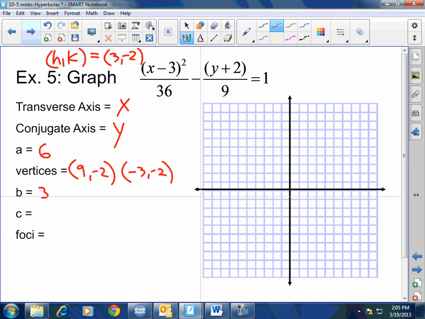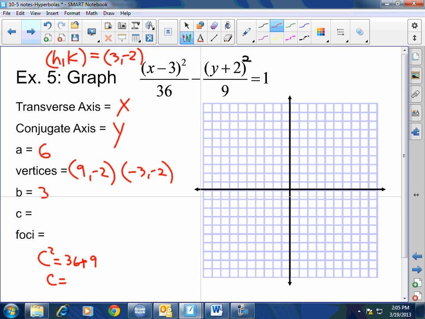The 3 is going to be part of the covertices. Yes, sir. There should be a square there. Thank you. Okay. Now, the C. The C, we're going to have to figure it out. C squared equals 36 minus 9, which is 20. No, it's plus. So that's 45.